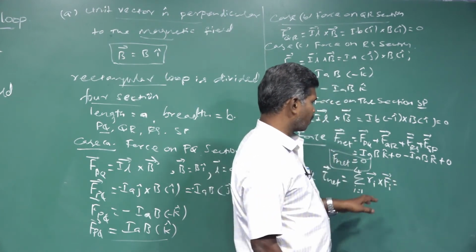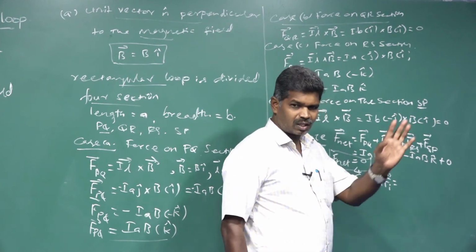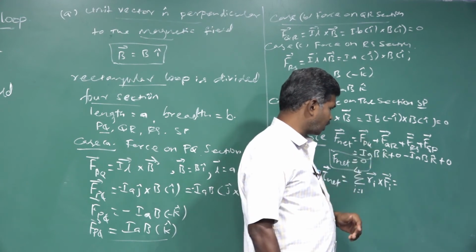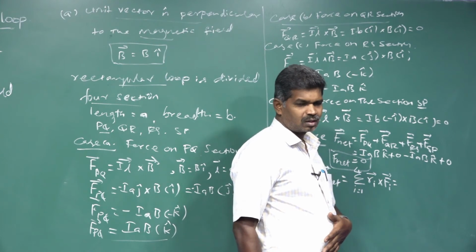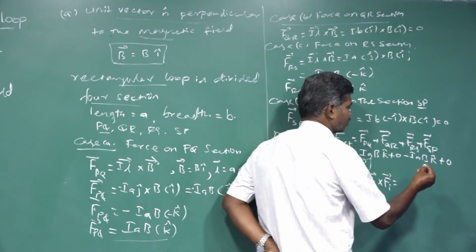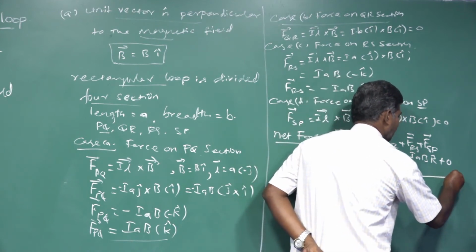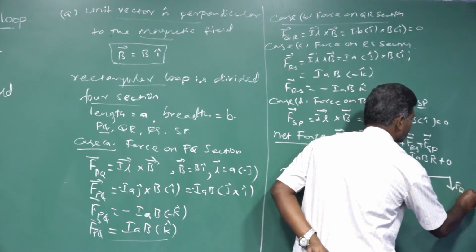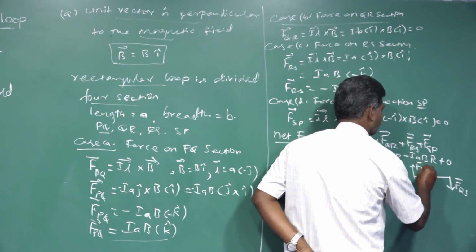We know that the two forces are 0. Those forces will not produce a torque, but the other two forces we have on that length side are going to produce a torque. So for that we are going to take a simple diagram. This is F RS vector, this is F PQ vector.